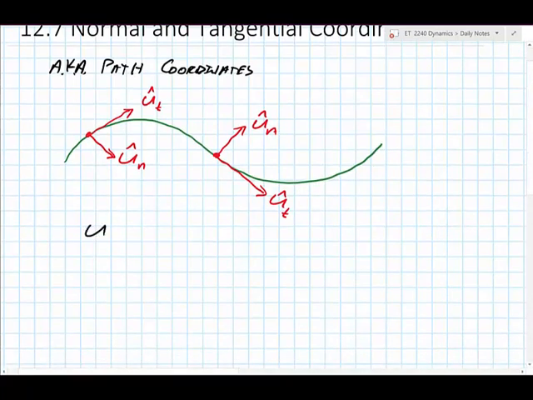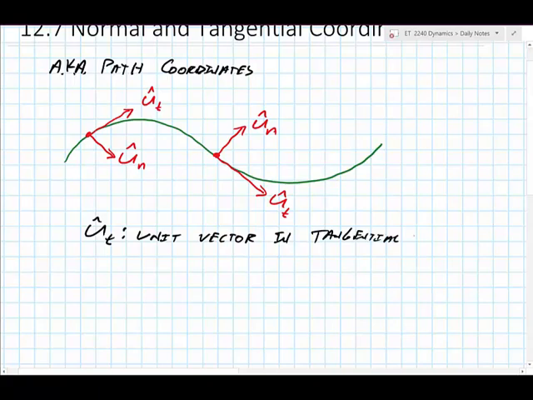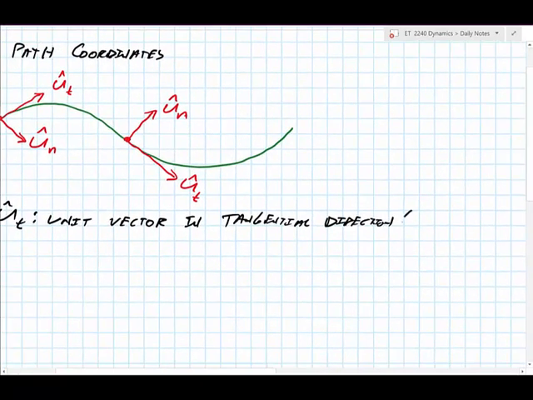To define these, our u sub t will be our unit vector. We talked about unit vectors before, having a magnitude of 1 pointing in the direction of the coordinate axis. So this is a unit vector in our tangential direction, and the tangential direction has to be along the path, whichever direction we're going.